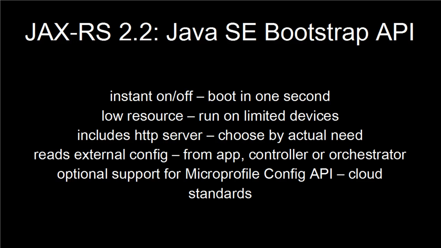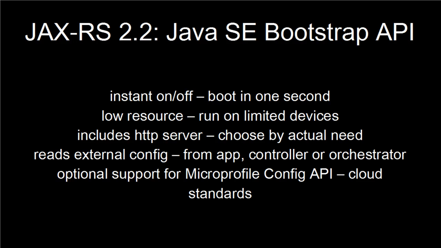So you bind, let's say, Netty and Jetty and Grizzly, and at runtime, the user can decide which HTTP server it wants to run. I don't think that many people will actually do that, but it shows how flexible your program becomes when using the Java SE Bootstrap API external configuration.